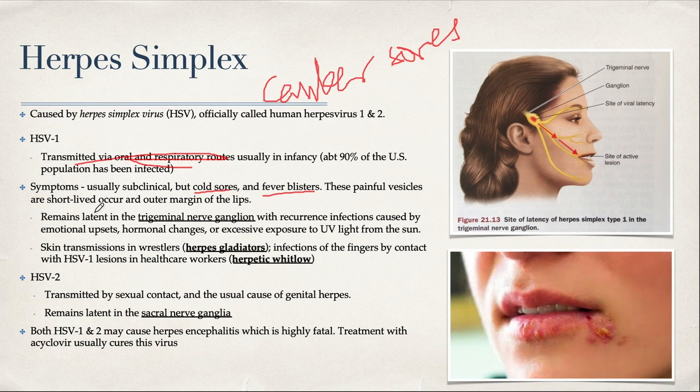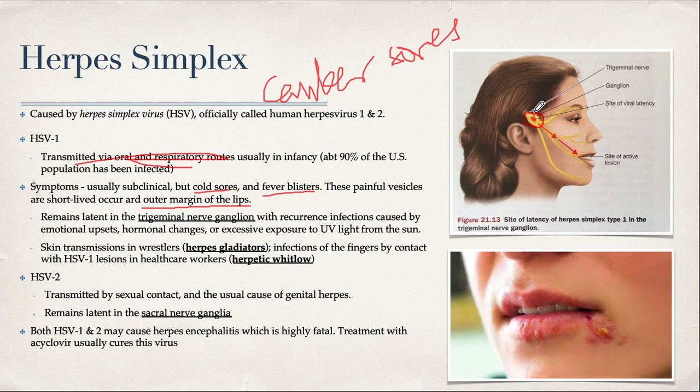Now, if you look at the main characteristic in terms of the cold sores, where they are formed, you have them mainly around the outer margin of the lips, and it comes down to where the virus remains latent. The site of the latency is in the trigeminal nerve.